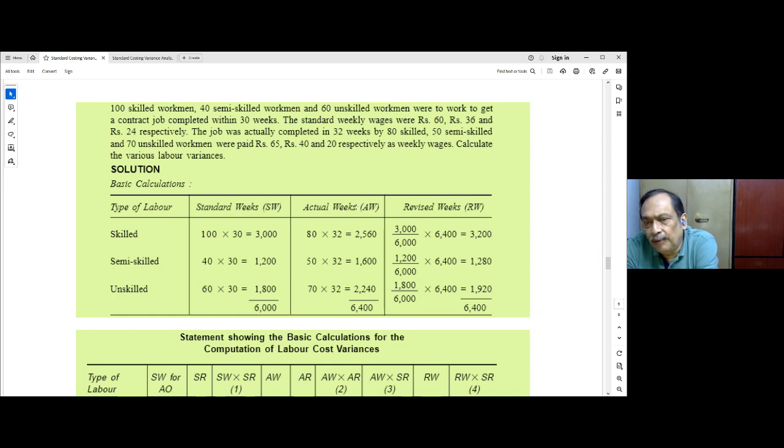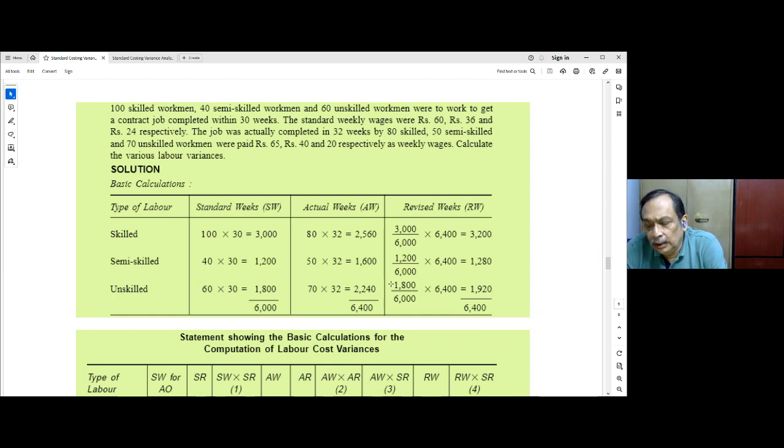Then we calculate revised weeks, that is RW: 3,000 divided by 6,000 into 6,400 comes to 3,200. Then 1,200 divided by 6,000 into 6,400 comes to 1,280, and 1,800 divided by 6,000 into 6,400 comes to 1,920.